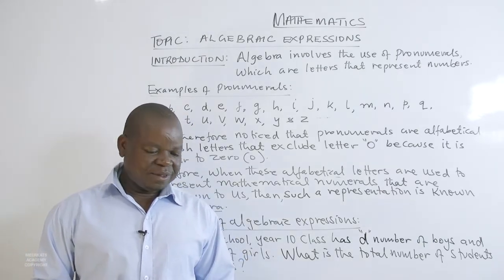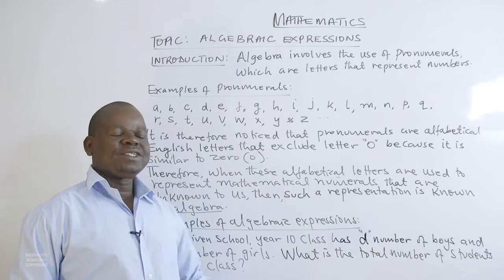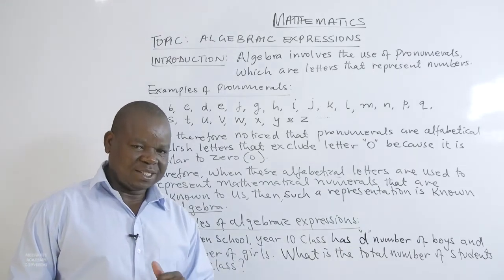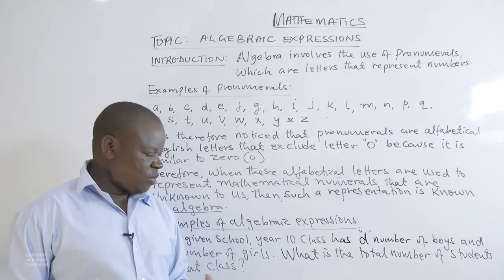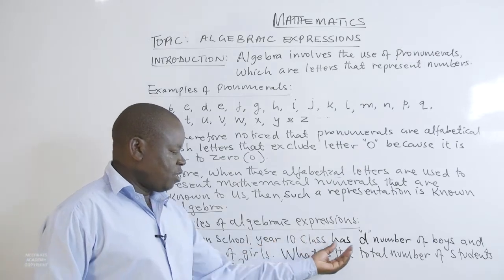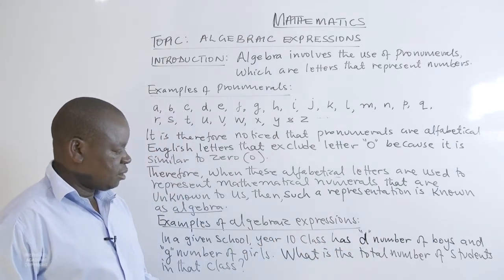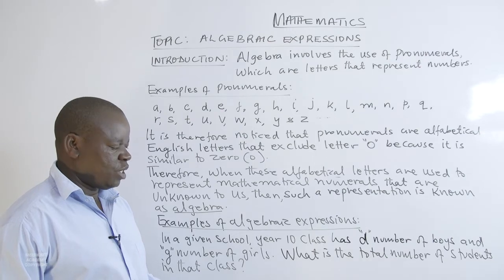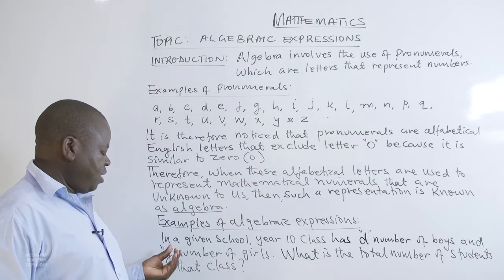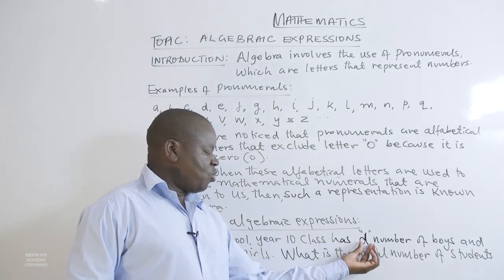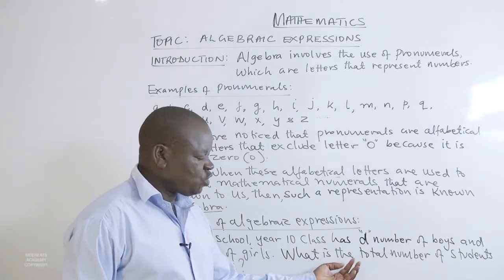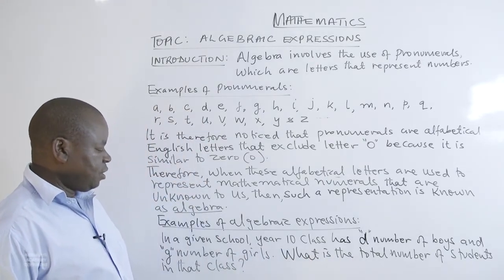So here we have D number of boys and G number of girls. The number of students is defined by that statement: in that class, you add the number of boys to the number of girls, and that will be the total number of students in that class.